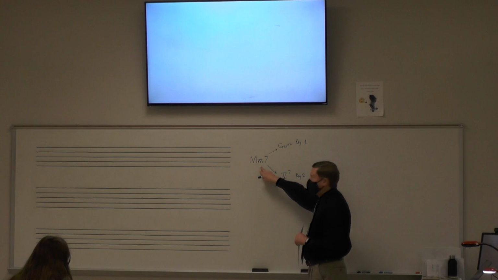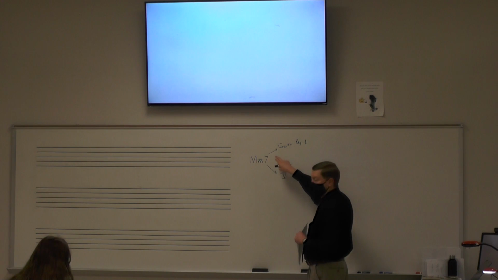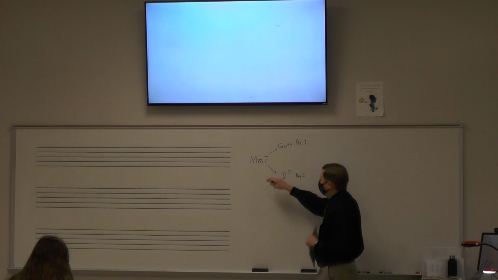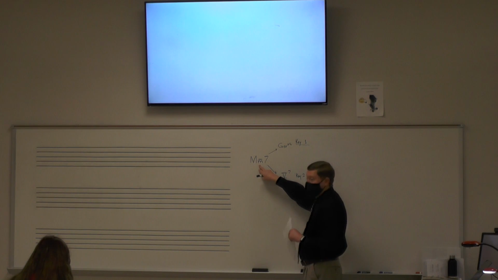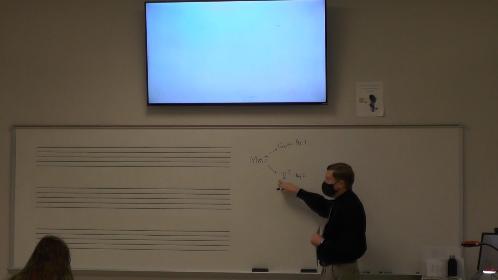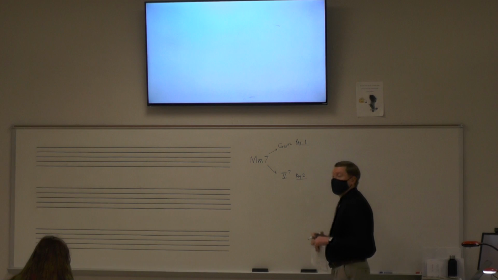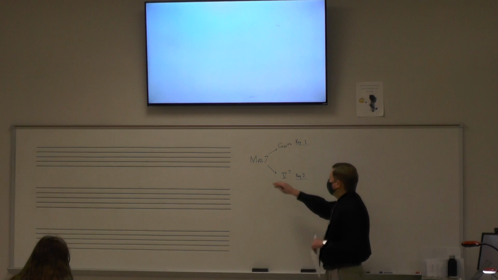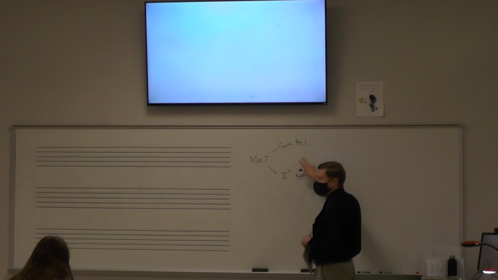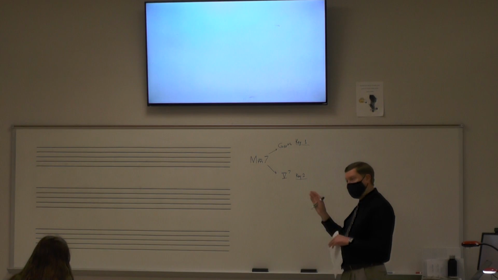If it is treated and resolved as a German sixth, it's going to lead to one key. But if it is viewed and resolved as a V7, it's going to lead to a different key. You can go in two different directions based on how it's resolved.